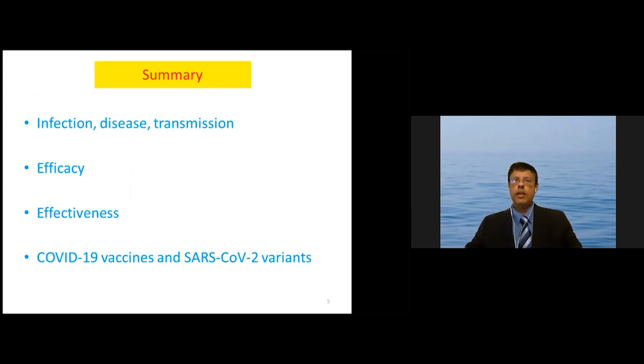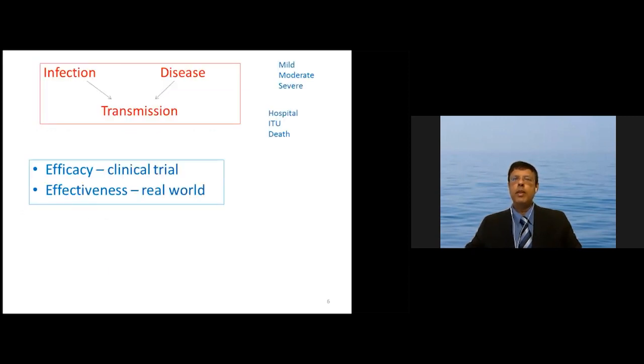In this short clip, I will talk about infection, disease, and transmission, and then talk about the efficacy and effectiveness of the vaccines. So when a person gets infected with the SARS-CoV-2 virus, some of them develop mild disease, some are asymptomatic, and a certain percentage develop severe disease with death, ITU care, hospitalization.